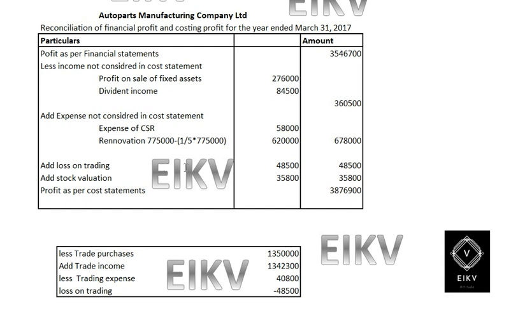Then the trading loss. Such trading loss is affected in financial statement, but such loss will not form part of cost statement. Therefore we need to add such trading losses. And then we have the stock valuation. Stock valuation is negative. That means the profit increases in financial statements, but to arrive at such profit we need to add such amount to get the costing profit.